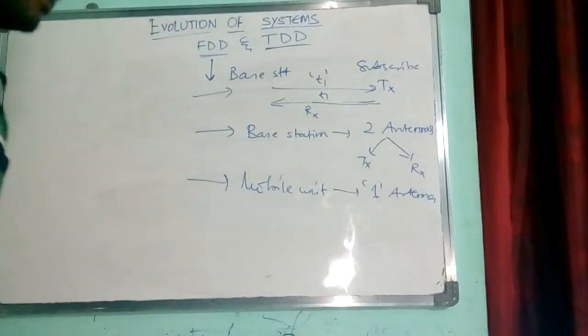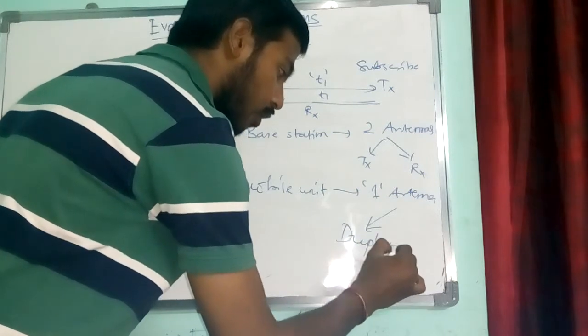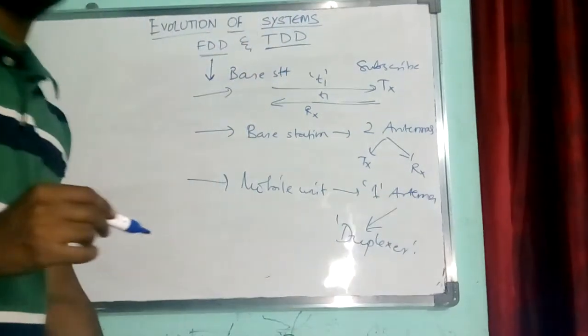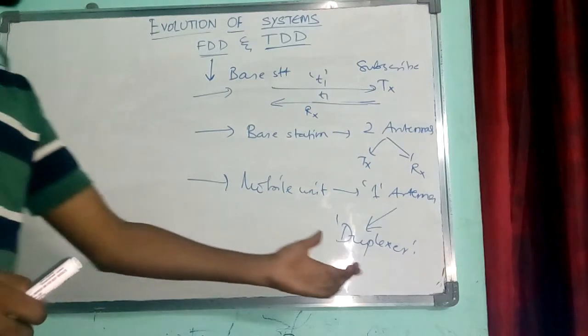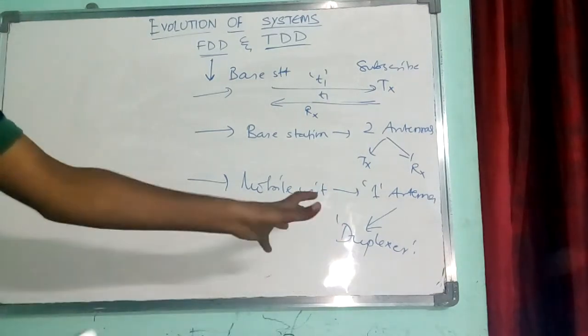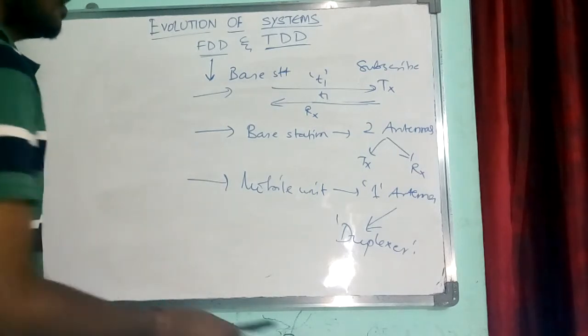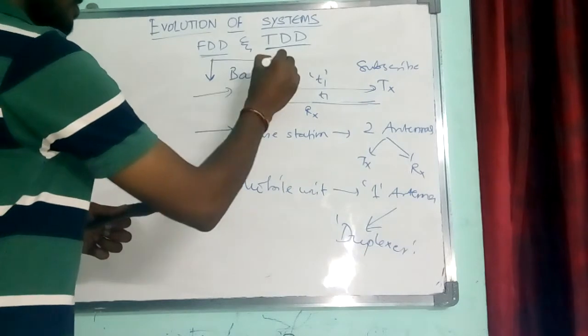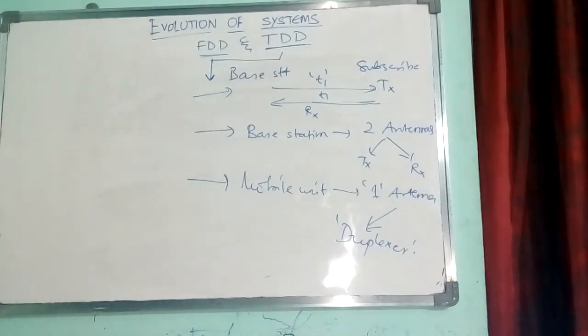Why one antenna? Because we are using a device called a duplexer here to switch between receiving and transmission. So we need only one antenna at the mobile unit. This is for FDD.